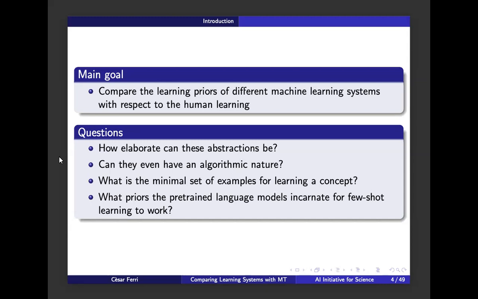If we divide this main goal into different questions, we want to address questions like how elaborate can these abstractions be, or can they even have an algorithm, and what is the minimal set of examples for learning a function. And at the end, we want to find out if there are priors inside these pre-trained language models for future learning to work.